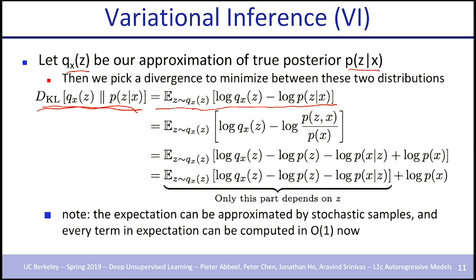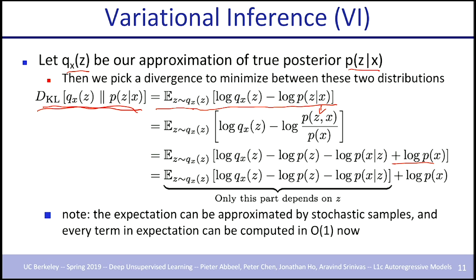And then what we realize is that you can rewrite this conditional as a division of the joint probability divided by the marginal. Again, very basic stuff. And then you can pull log of P out of this fraction.